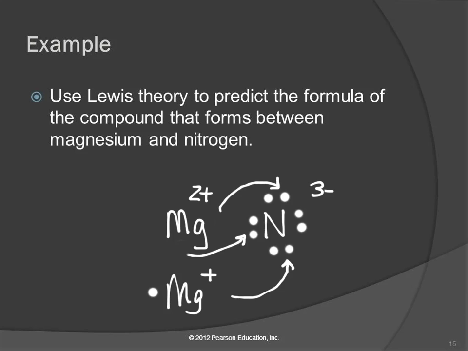Now, who's happy? The nitrogen. So we're going to put a bracket. He's happy. The first magnesium's happy, but now we've got this happier magnesium plus ion, but he's not entirely good. So call in another nitrogen.